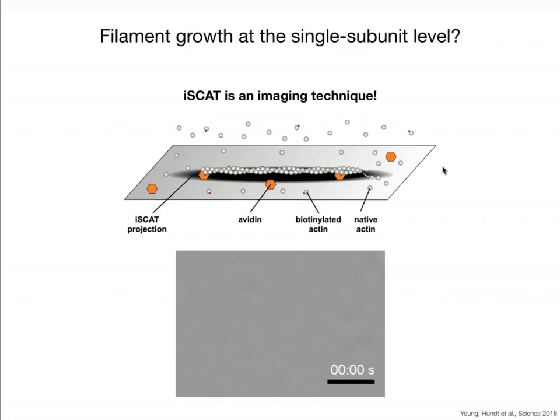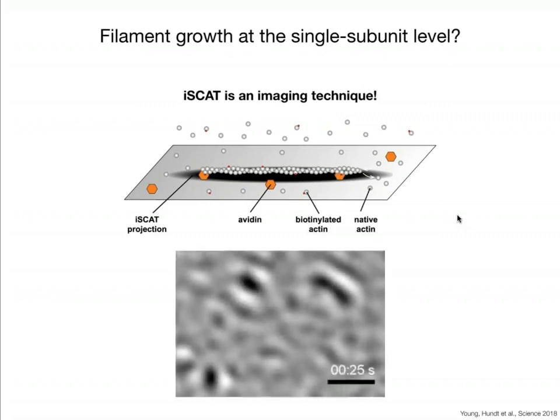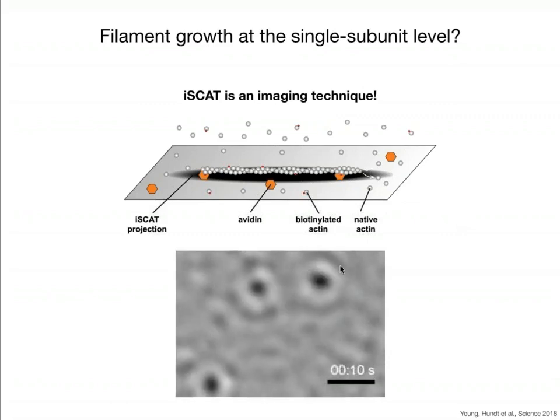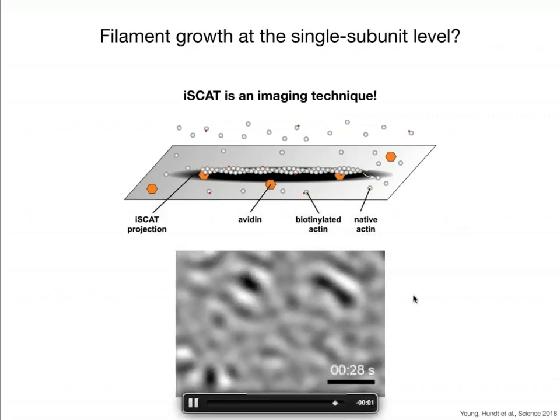and therefore these free subunits would elongate the actin filaments on the surface, and I could directly follow this process live in iSCAT. As you can see here with these dark growing filaments.